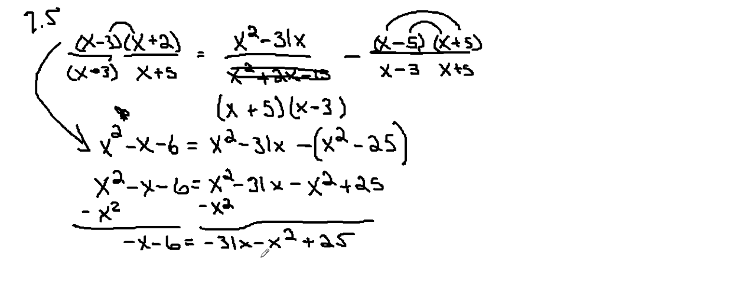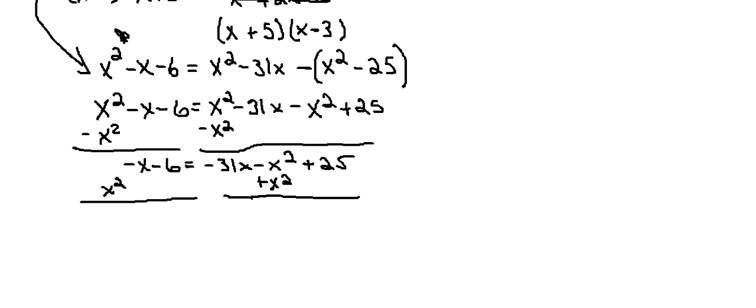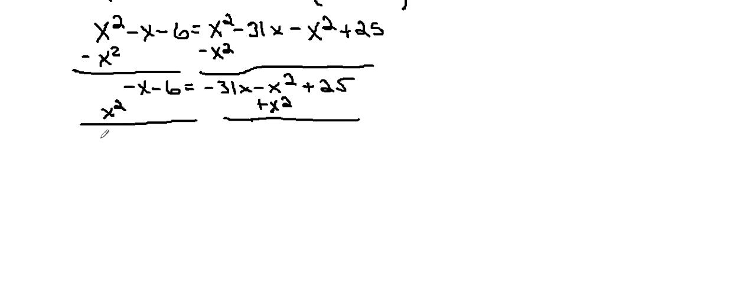And now I got another x squared, so I'm going to add x squared to both sides. I'll do it over here because I don't have an x squared on that side, right? So this is where I'm at thus far. And now my left side is going to be x squared minus x minus 6. That equals negative 31x. There's 0 there. And then plus 25.